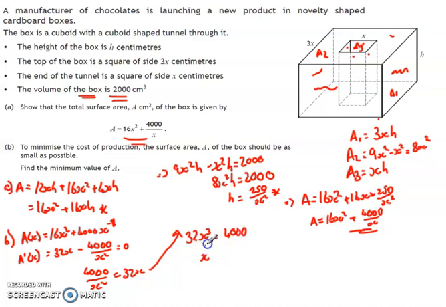If I then divide through by 32, 4,000 divided by 32, I'll end up with x cubed equal to 125. So x is the cube root of 125, so x is equal to 5. So there we go, we've got a value for that.